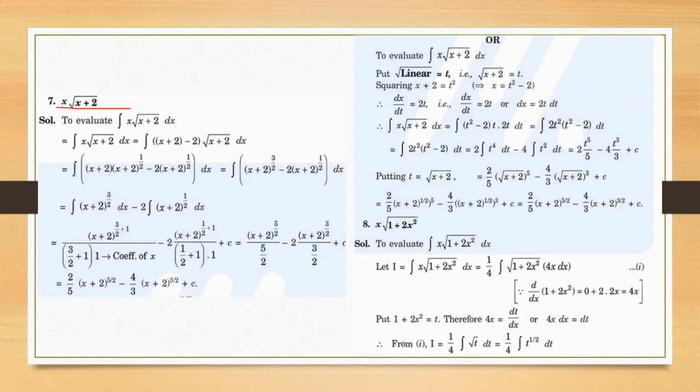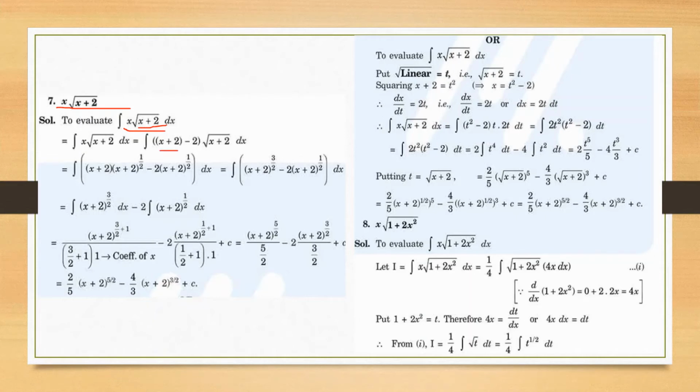So the first way is, you know that if it would have been, say, root x into x plus 2, what would I have done? I would have taken this root x inside, right? So here I cannot, so what will I do? I'll try to make this x as x plus 2. So how can it be done? By adding and subtracting 2, right?